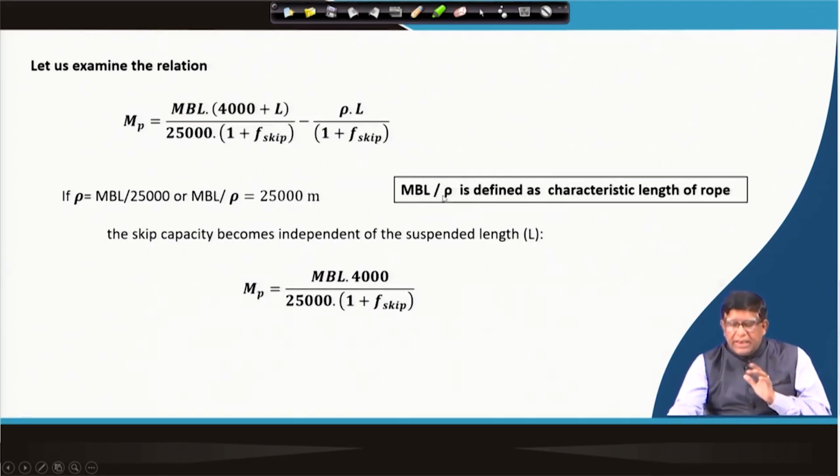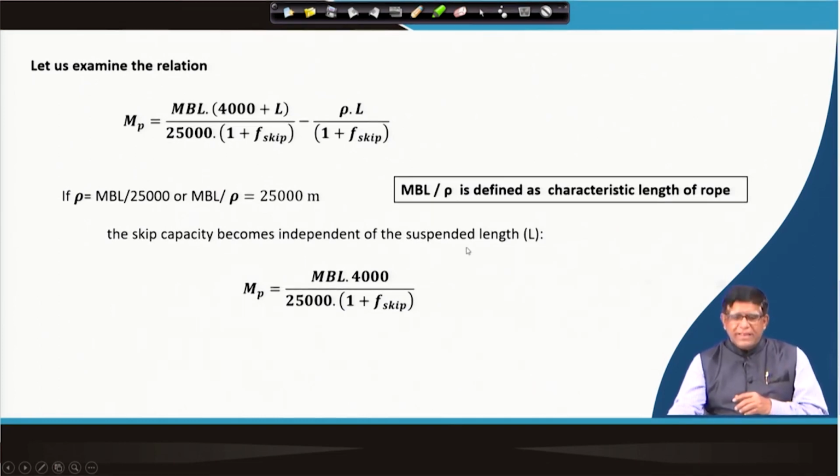This value is exactly a characteristic rope length. When you use the characteristic rope length, whatever the rock load you give, it will be independent of your length. So, you can put any load and your productivity will remain the same.